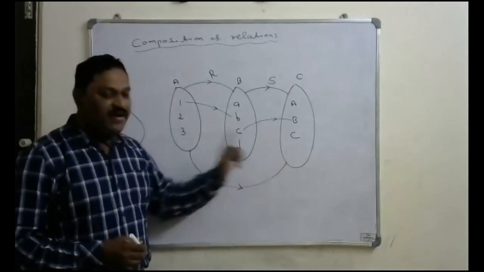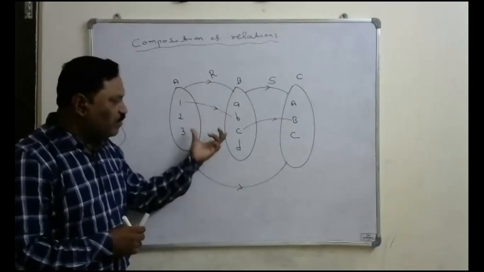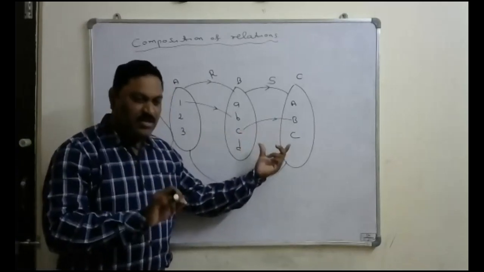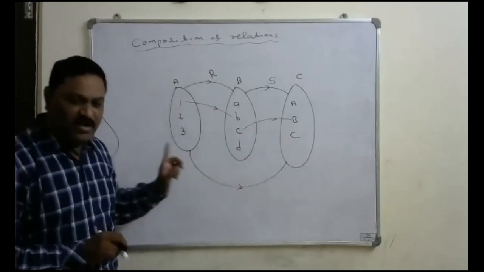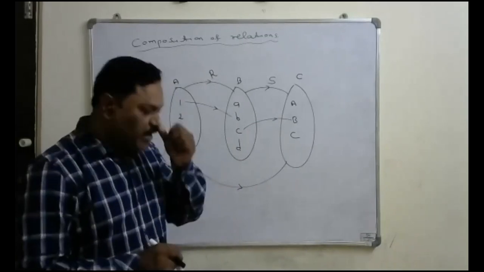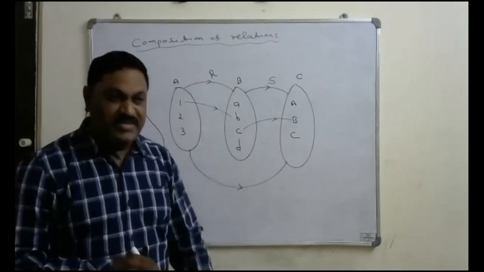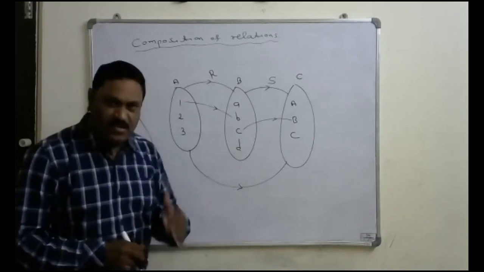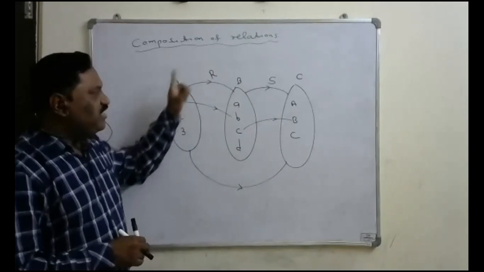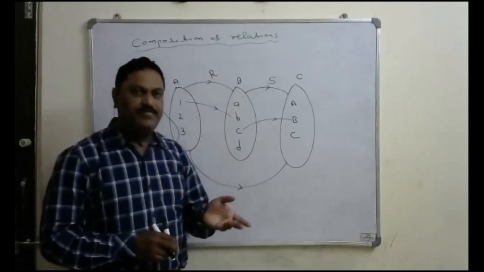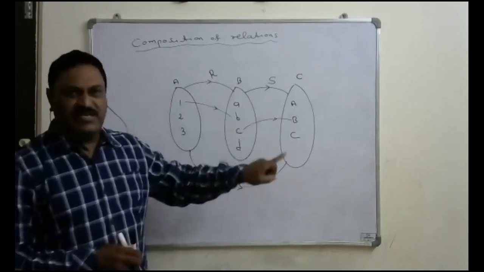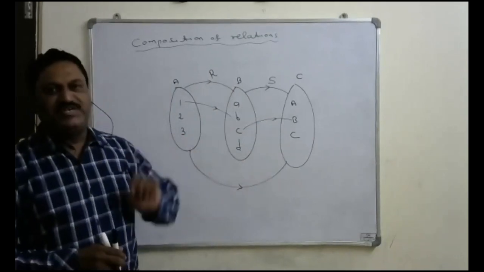Because these two families have a direct relation and these two families have a direct relation, automatically a relation will happen between A and C. Such a relation we call the composite relation, that is, an indirect relation. That means if R is the relation from A to B, and S is the relation from B to C, then the relation from A to C is called the composite relation.